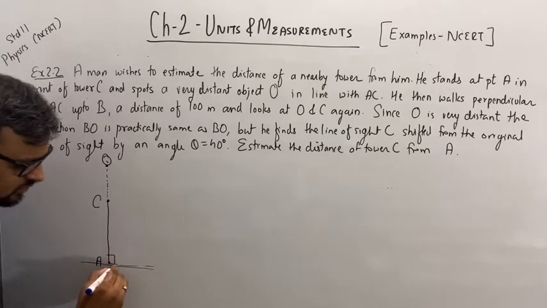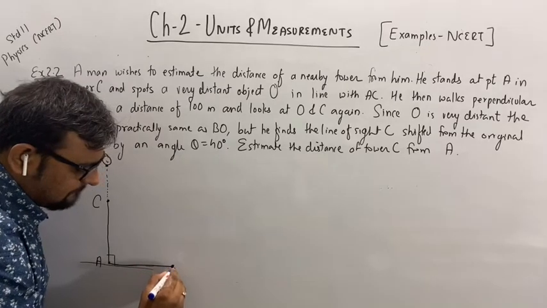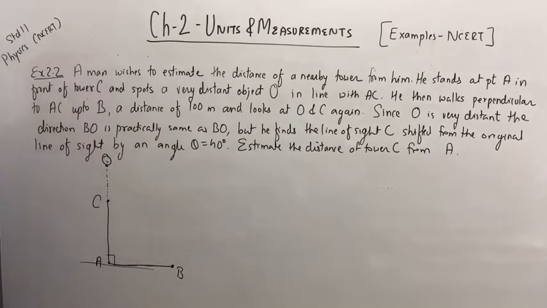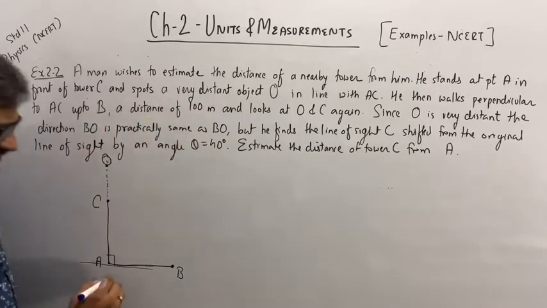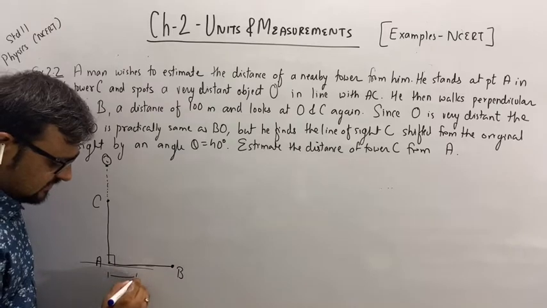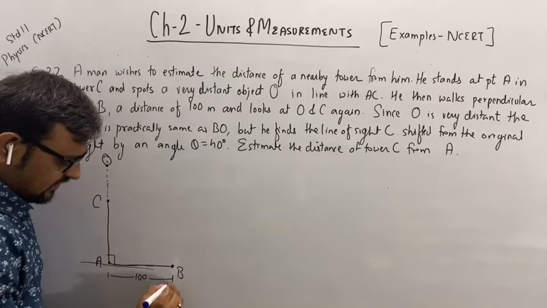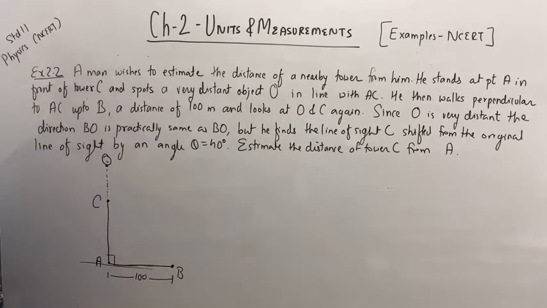So he is walking towards point B. Now see, the distance of 100 meter. What is this distance? This distance AB is 100 meter.